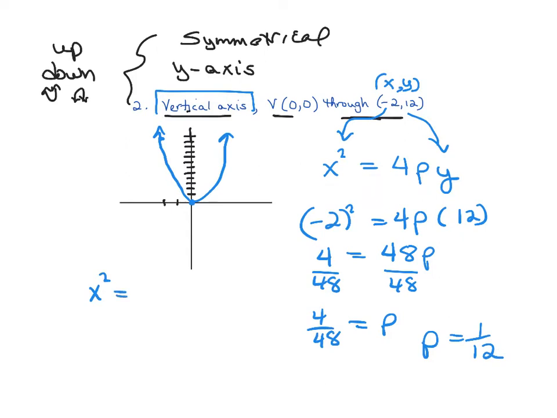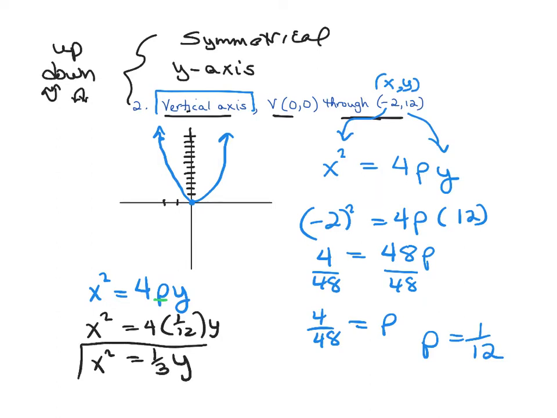So I'm going to rewrite x squared equals 4py. This time I'm replacing the p-value, so x squared equals 4 times 1/12 y. I'm going to multiply 4 times 1/12. This gives me 1/3, and that is my final equation.